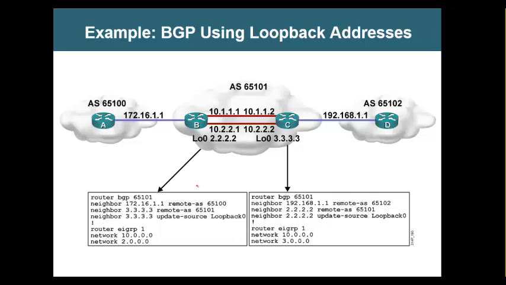Physical interface may go down even when the router is available. So when I form using physical interface, when the interface goes down, I lose my neighborship. So highly recommended is to use loopback interface. So your update source will also be loopback interface.